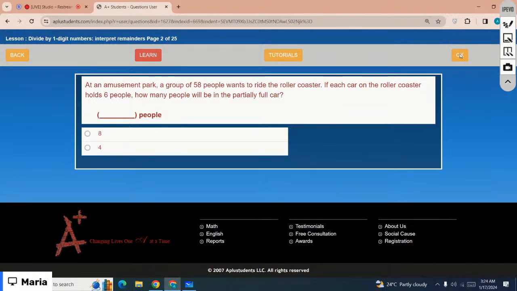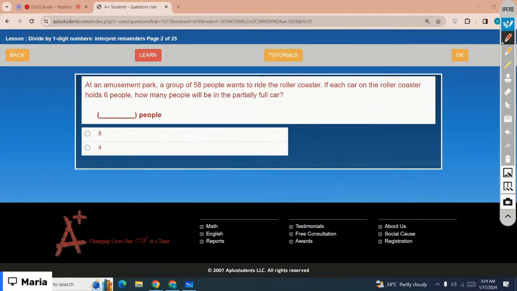You have to divide and look for the remainder. You have to divide it by 6. Okay, divide 58 by 6.